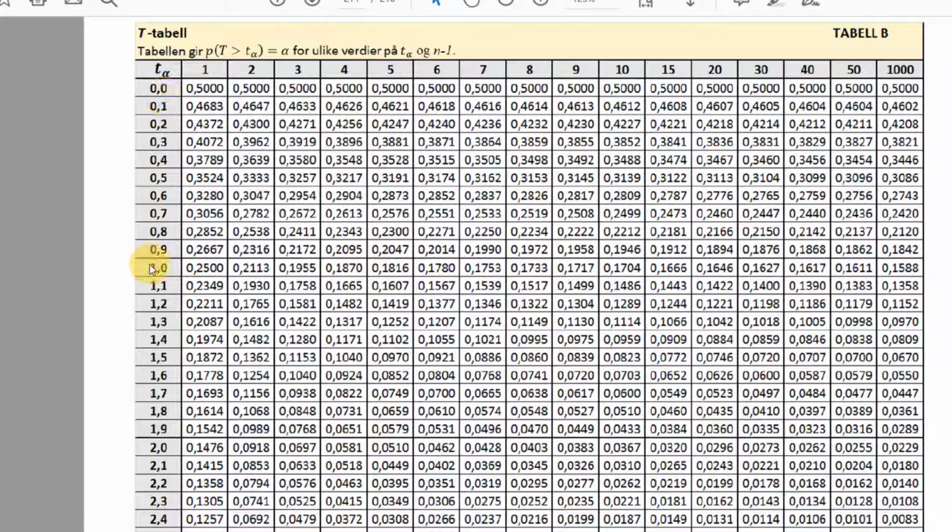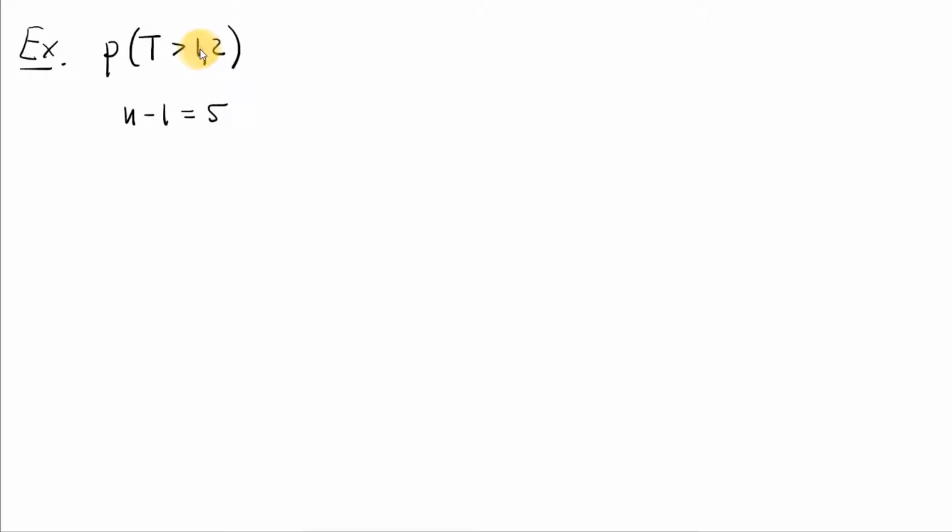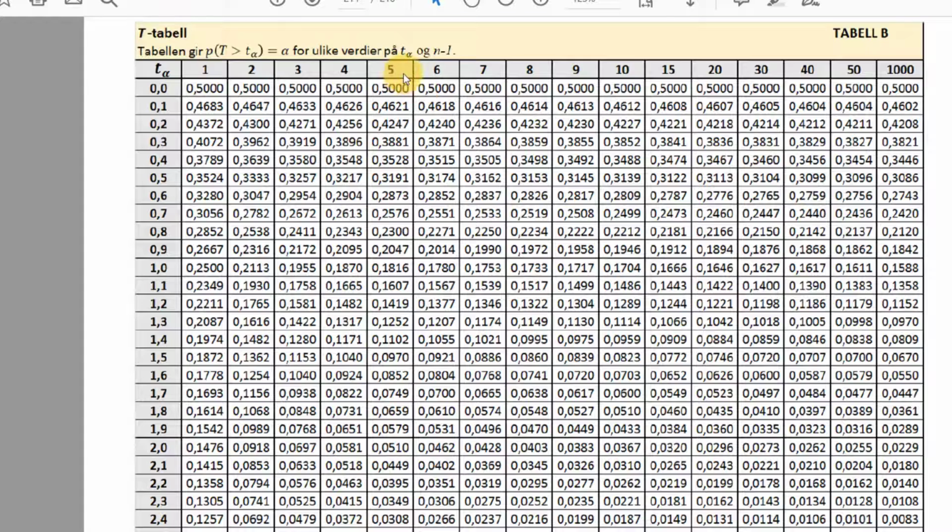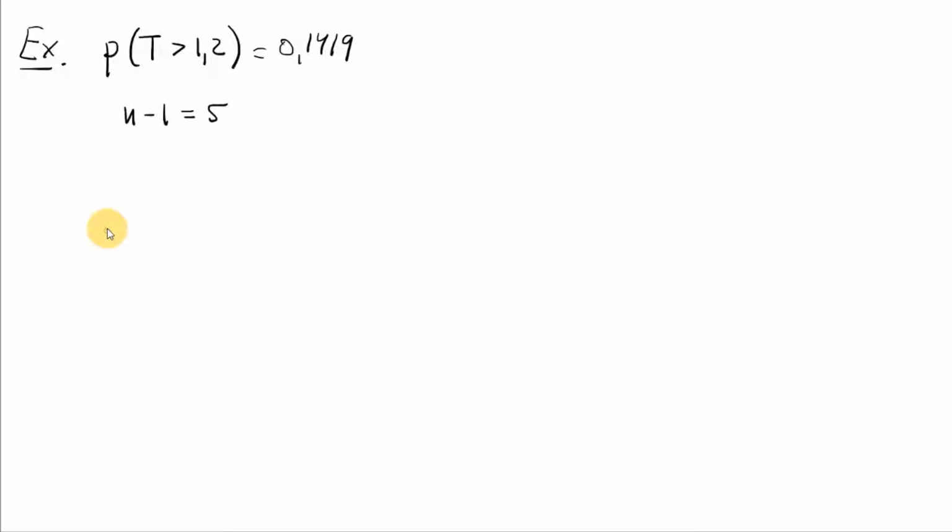But in this row, instead of the hundredth decimal, the degrees of freedom are given. So in our case, we want t alpha equal to 1.2 and 5 degrees of freedom. Go from here 5 and 1.2, so 0.14 to 0.19. So you read off a t-distribution in the same way as for a z distribution. You only also have to know the degrees of freedom.